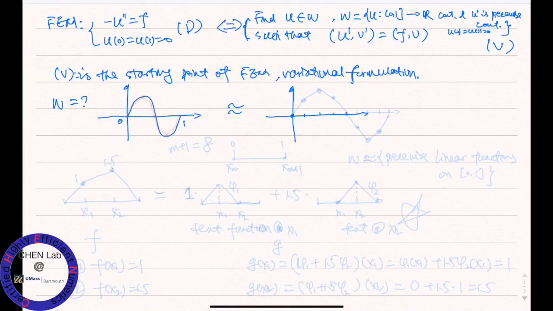Basically, you look at a few points on the function, evaluate its function value at those points and then connect the straight lines. Basically, in interpolation, we interpolate this by a piecewise linear function.